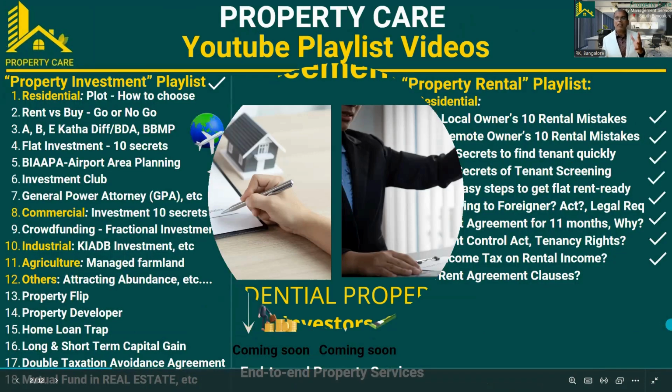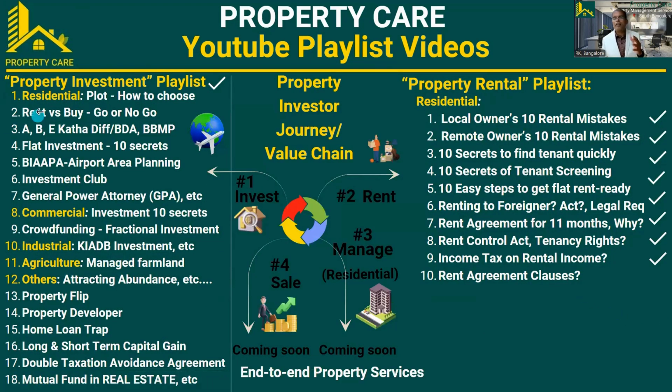These are the videos I have put out on property investments like managed farmland, BIPA, Planning Authority, airport area developments, Power of Attorney, Investment Club. There are lots of differences between Kata types and lots of investment avenues I'm discussing to diversify your investment, so that you can go deep into, for example, managed farmland, commercial investment, and crowdfunding investment.